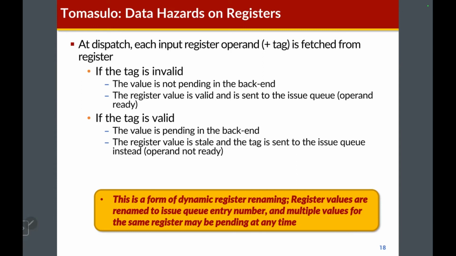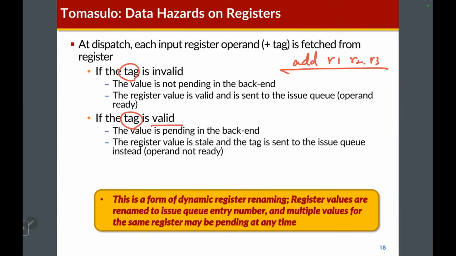Take the add instruction, add R1, R2, R3. This add instruction requires two operands from the registers R2 and R3. So when this add instruction is dispatched, it needs to check the status of R2 and R3. So the add instruction checks whether the tag is invalid or valid.